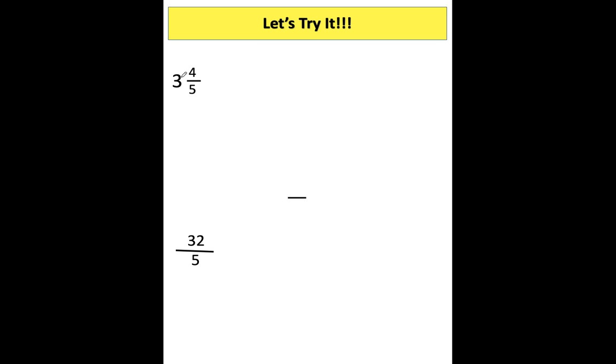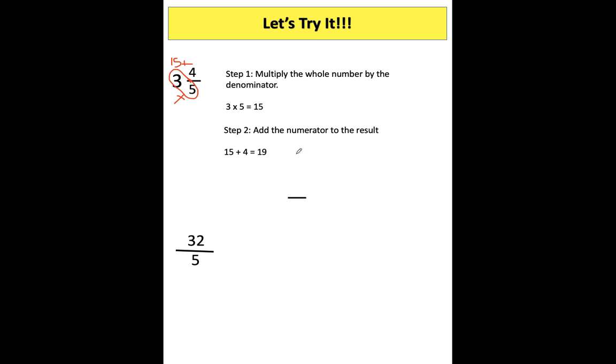I have this mixed number here, and it says 3 4/5. Step 1, multiply your whole number times your denominator. You can see I have 3 times 5, which equals 15. Step 2 is take your product and add it to the numerator.